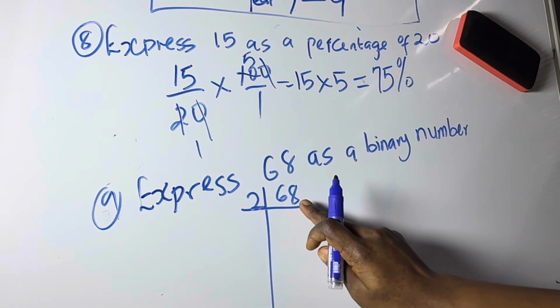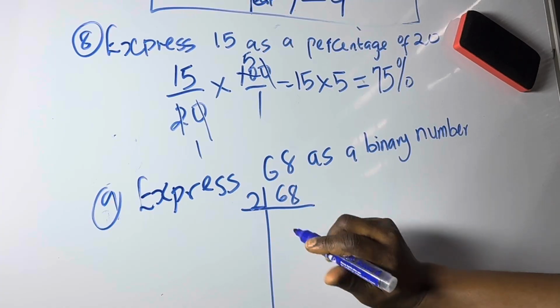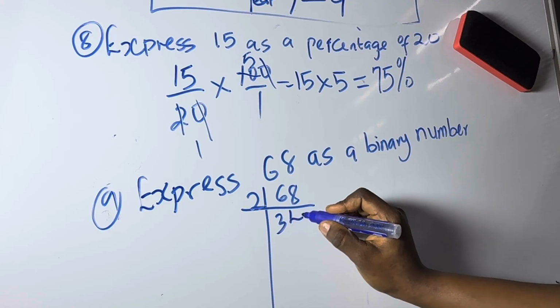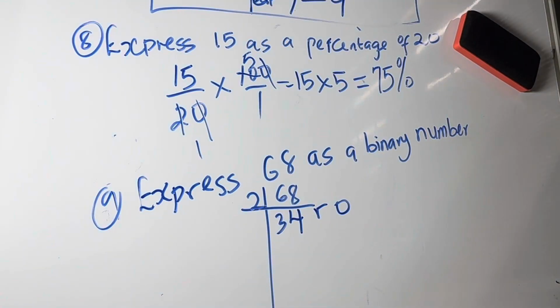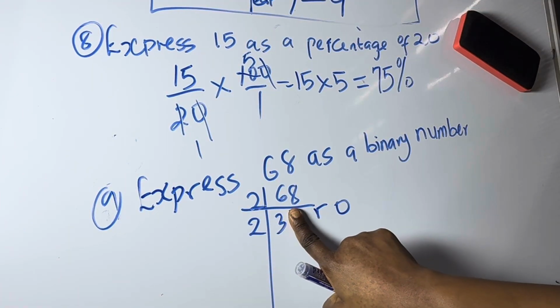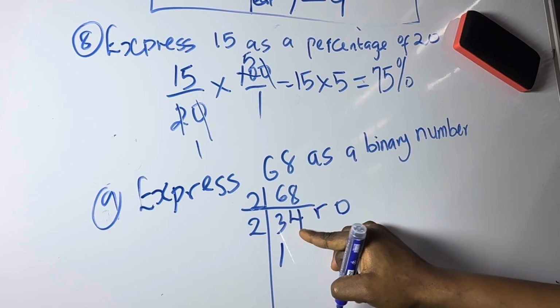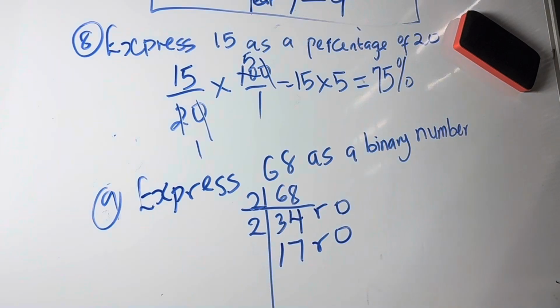Now, 2 in 68, using the shortcut, 2 in 6 is 3. And 2 in 8 is what? That's 4. Remainder 0. 2 in 3 can only go once, remainder 1. 2 in 14 is 7, remainder 0.